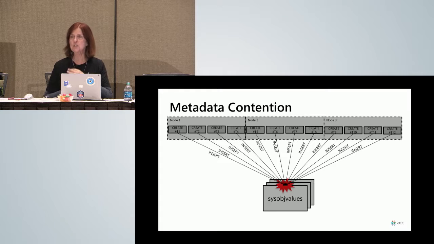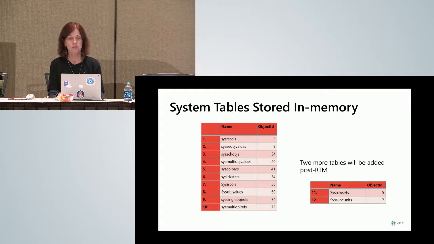There are SysConstraints and foreign keys. All kinds of tables have to be adjusted every time you create a new table. And under the covers, there's a table called SysObject values, which we normally don't look at. But when a new table's created, SQL Server behind the scenes is inserting into all these different system tables, which causes contention problems.